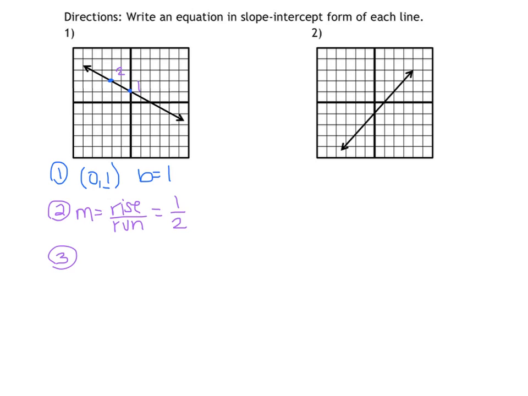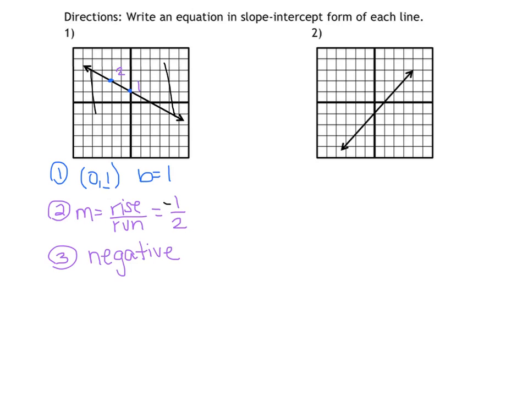Step 3, you want to identify if it's a positive or negative slope. Well, you are going downhill here. You can make an N with this line. Therefore, it is a negative slope, so our slope is going to be equal to negative 1/2.